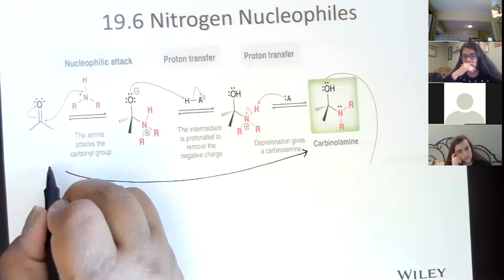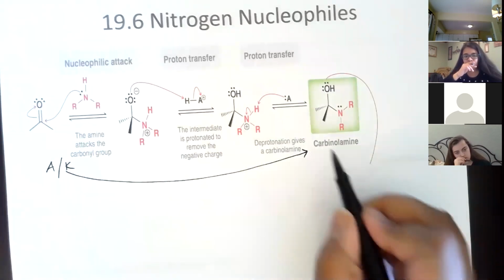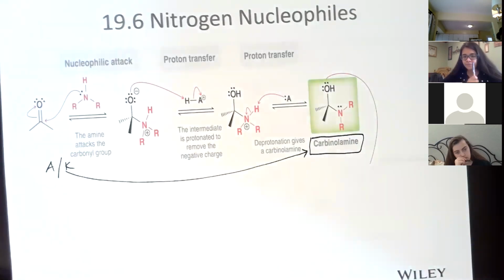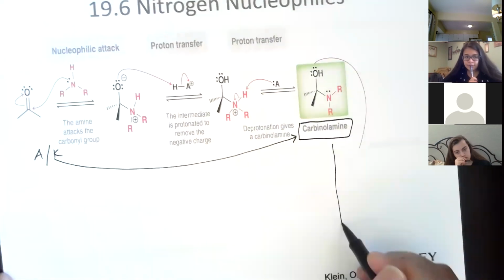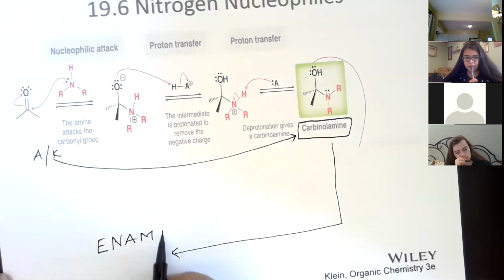So the aldehyde or ketone will be converted to a carbinolamine, and then a few more steps will take it to the enamine.